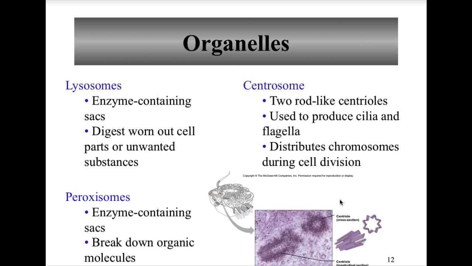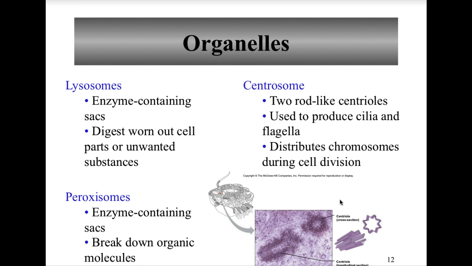They also break up hydrogen peroxide into both water and oxygen gas. And you can remember that when we used catalase, the catalase enzyme in our lab, and we used the cow's liver to break down hydrogen peroxide into its individual components.